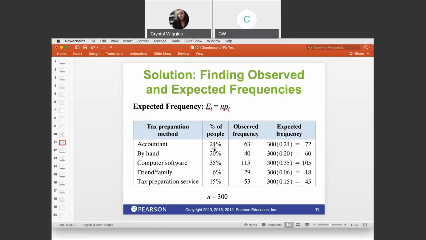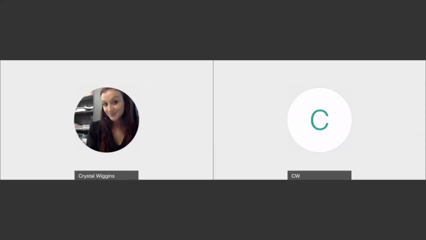So when we conducted the experiment, 63 out of 300 people stated they use an accountant. Our expected frequency for the 300 people would have been 72 when we multiplied 300 by the 24% that we claimed. Let's now head over to our Rguroo in order to see how to perform the chi-squared test by using our statistical software.